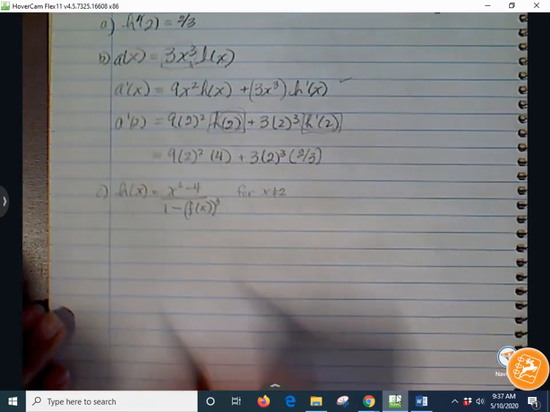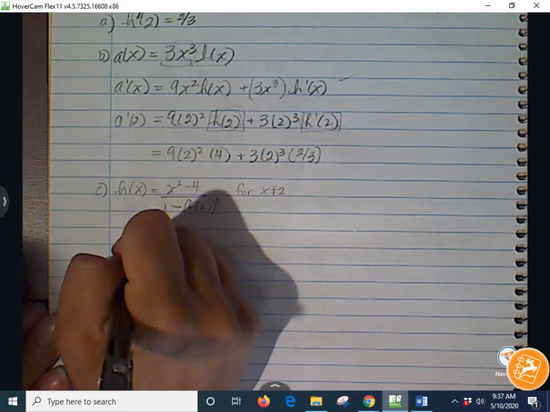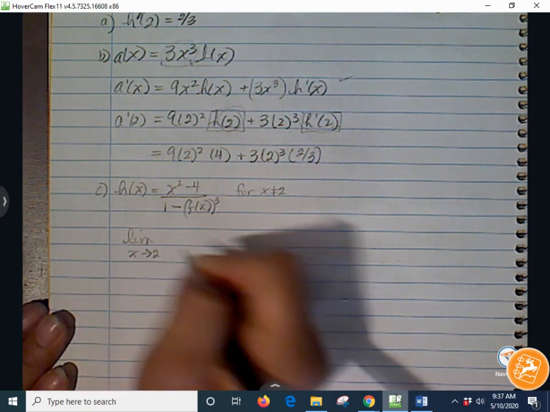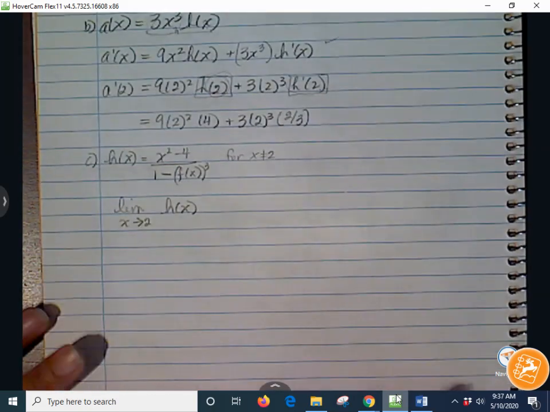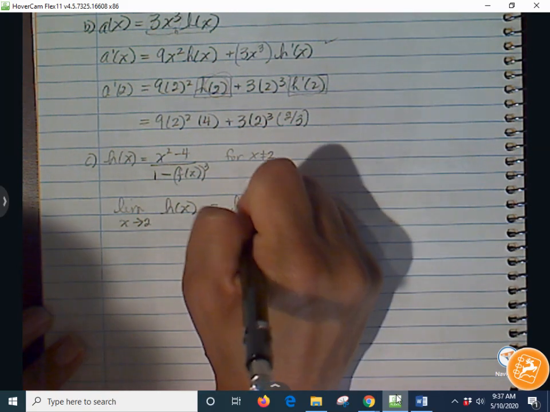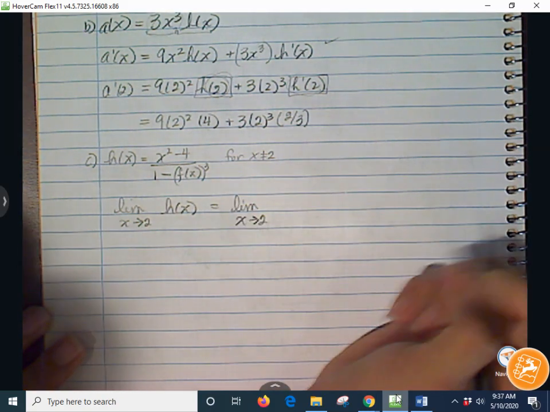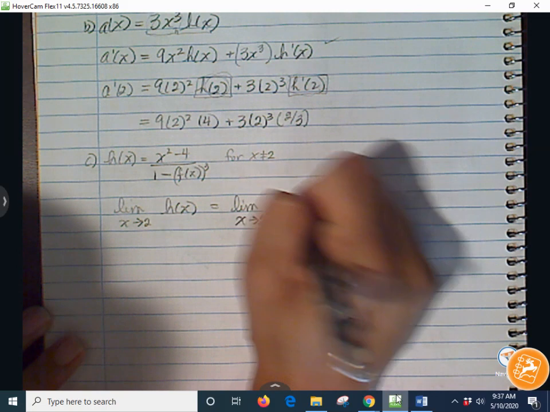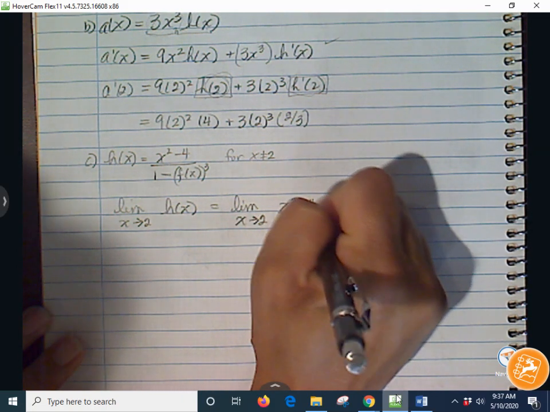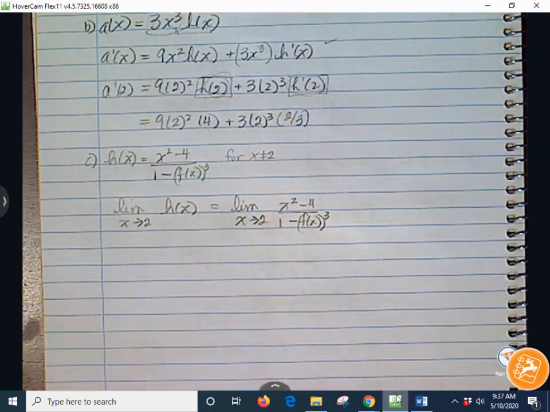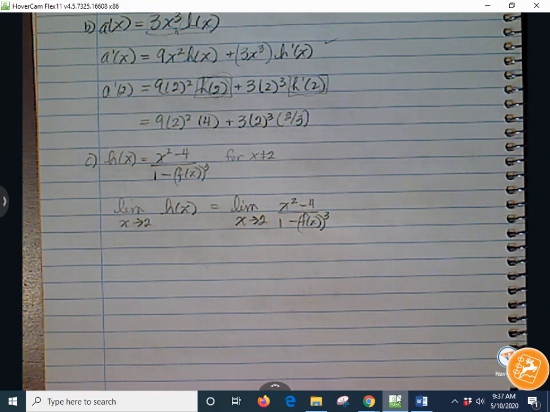So I have limit as x goes to 2 of h of x can be evaluated using L'Hopital's rule, which is limit as x goes to 2 of x squared minus 4 all over 1 minus f of x cubed, right? Okay, so now, like I said, this must be continuous.